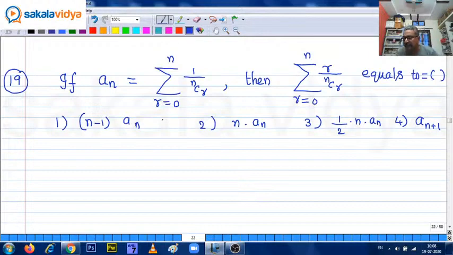This is the question. Just think all of you about this question for a while. After that I will start the solution. So what is the answer for this one?